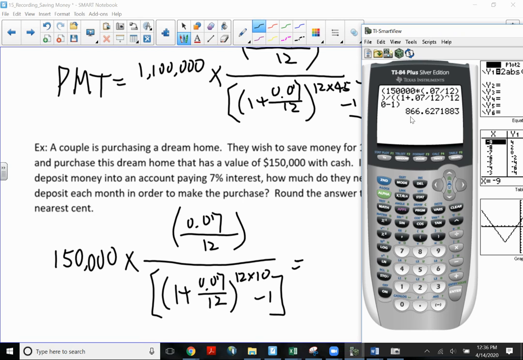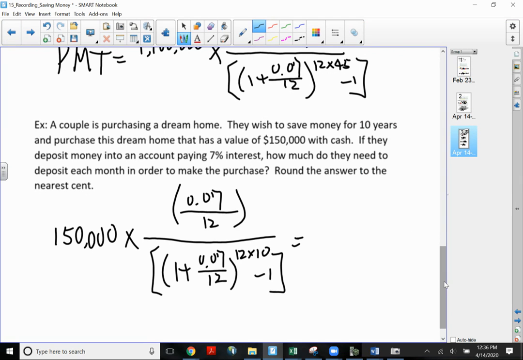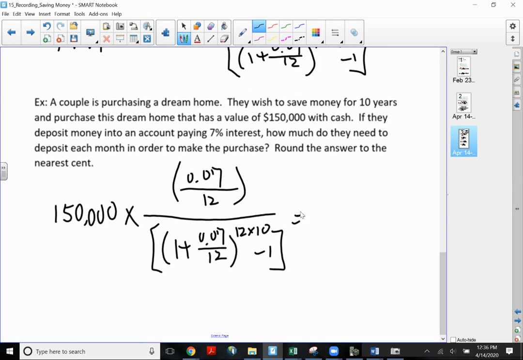So if we make $866.63 payments for the next 10 years, we basically have a house of our own. Normally the mortgage is about 30 years.